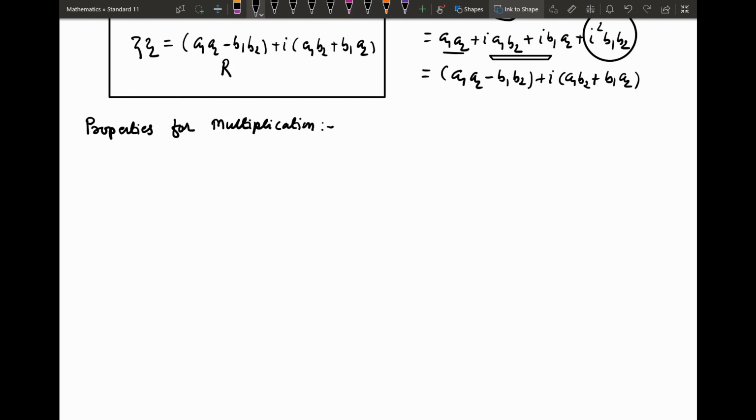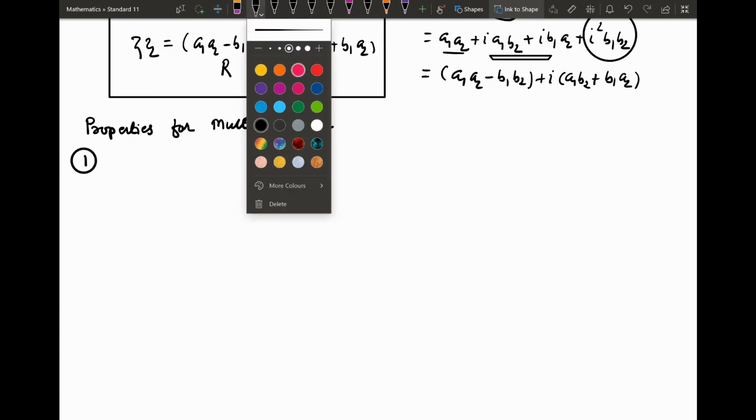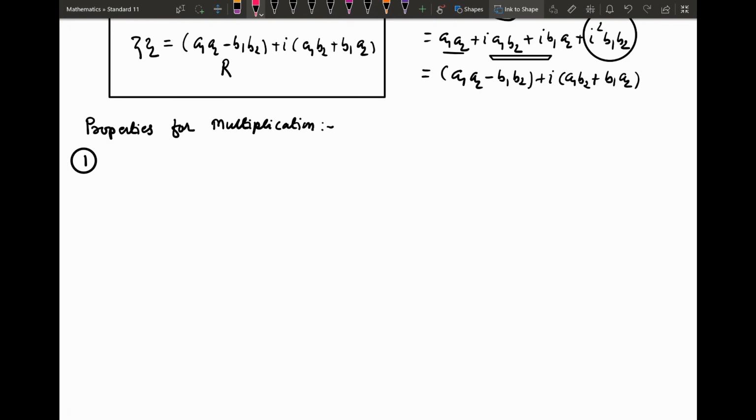First we discussed properties for addition. Now we discuss properties for multiplication. Again, the first property is the closure law.